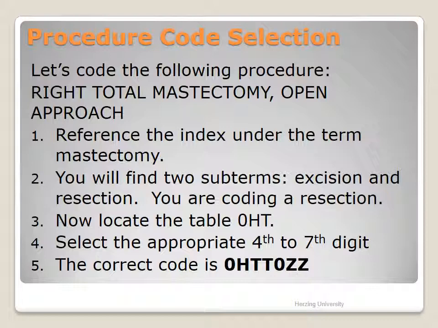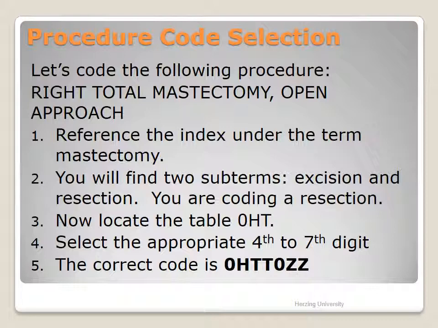Let's code a procedure. So the procedure is a right total mastectomy open approach. So first thing you need to do is go to the index. And under the index, you're going to reference the term mastectomy.